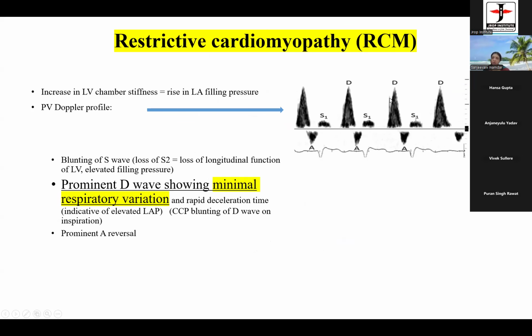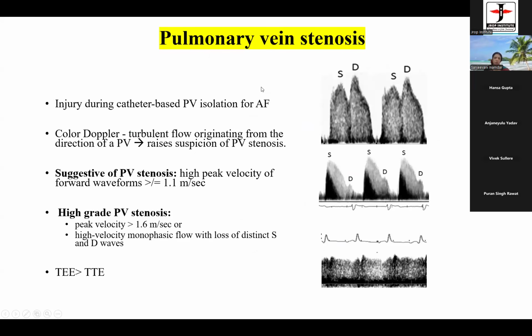There are tall D waves and hardly any difference during respiration. And S2 is always absent because of the myocardial dysfunction. S1 is small, and tall and broad reversals.